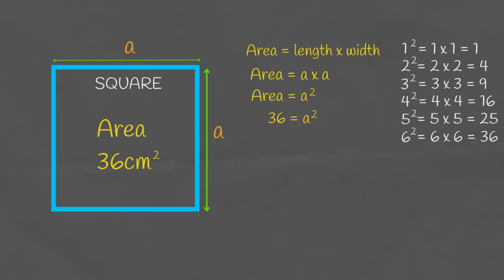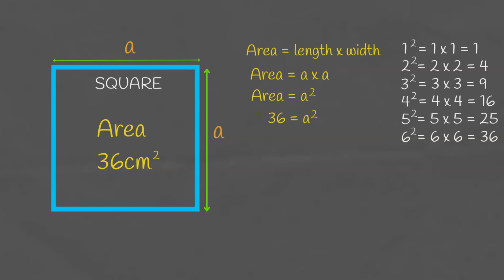However, we can't use this method when the numbers get more complicated, so we have to find a different way to find A. Now, if we take the square root of A squared, it becomes A because the square root cancels the squared out. But whatever you do on one side of an equation, you have to do on the other side to keep the sides equal.